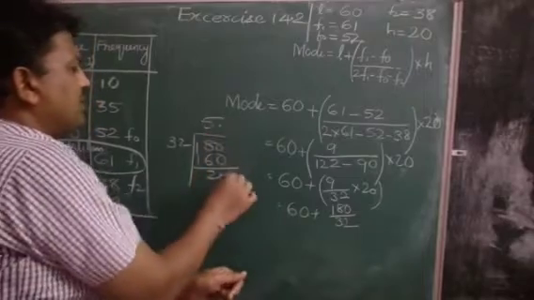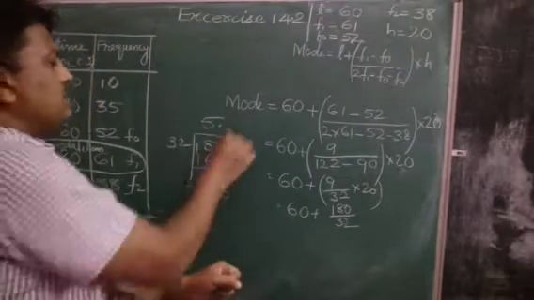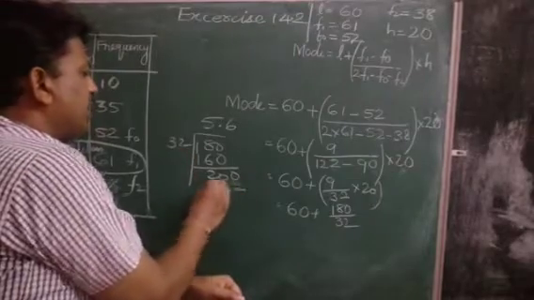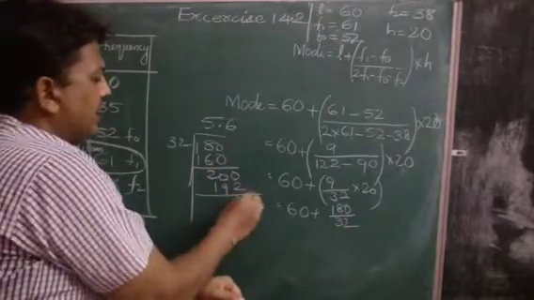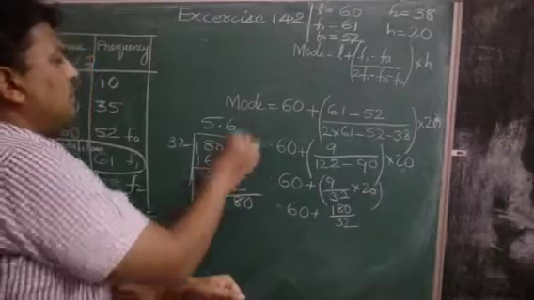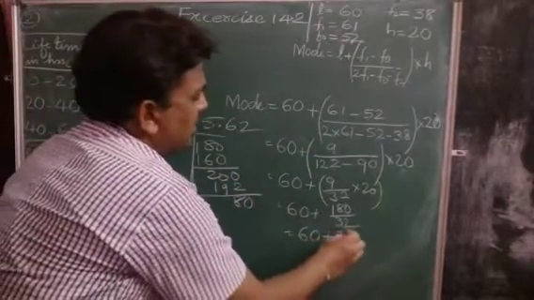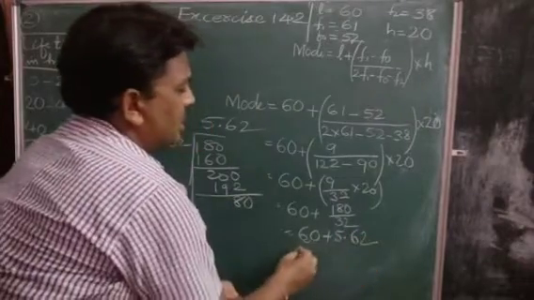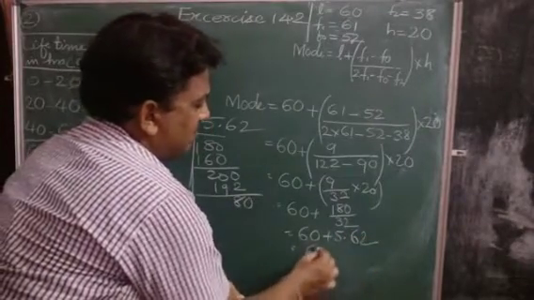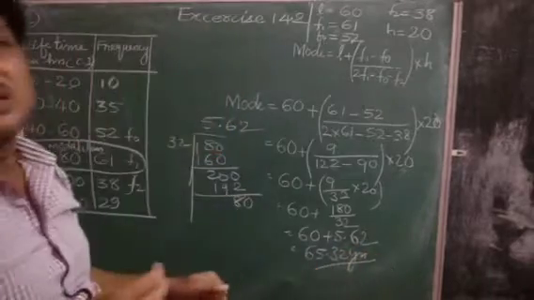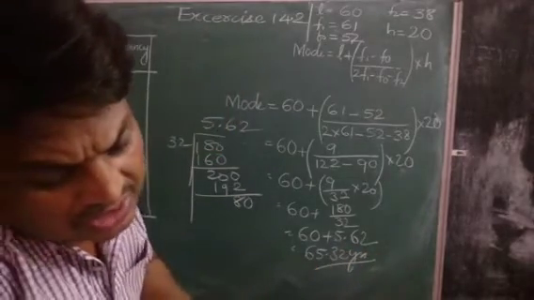Now the remainder is 20. Point, 200. 32 times 6 is 192. Now left is 8. So it is equal to 60 plus 5.62, that is 65.62 years.